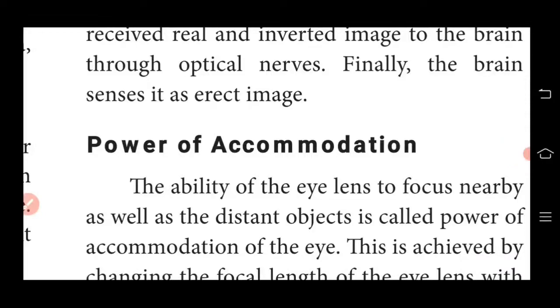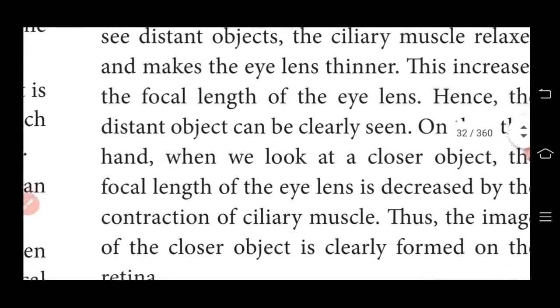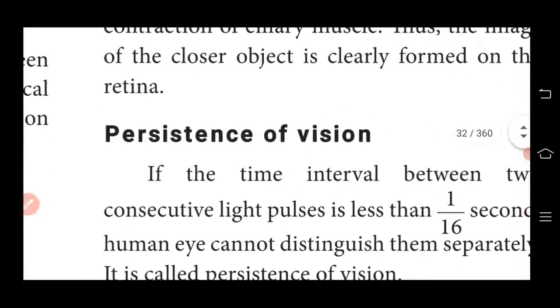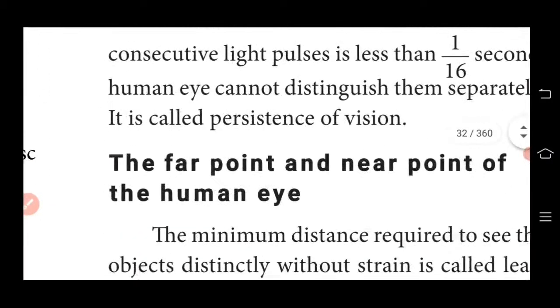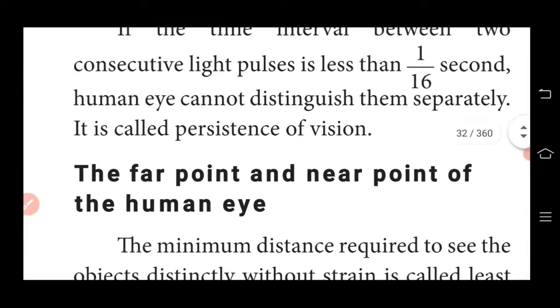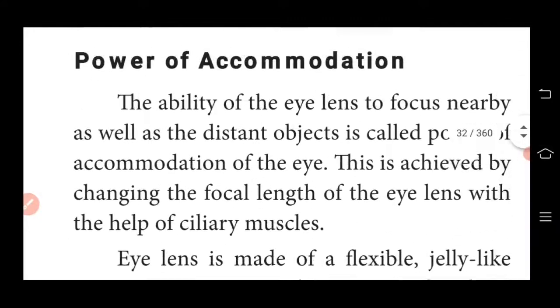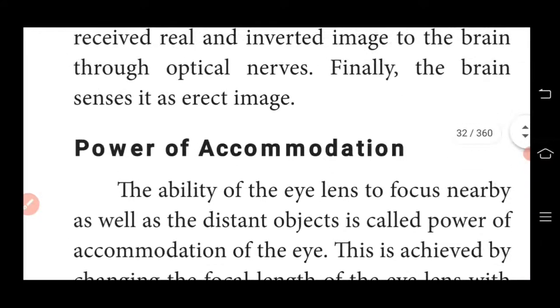Students, our today's topic is power of accommodation, persistence of vision and the far point and near point of the human eye. Let me explain you one by one. Our first topic is power of accommodation.